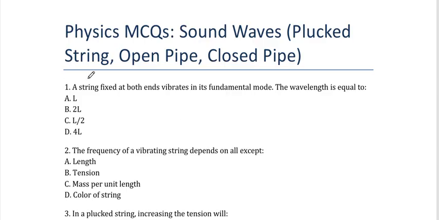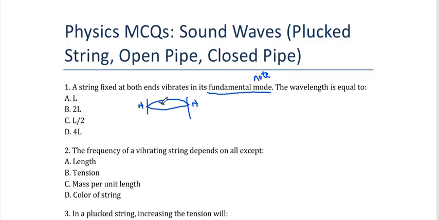The first one says a string fixed at both ends vibrates in its fundamental note. The wavelength is equal to. I want you to note this is the fundamental note. You have a node here and a node here.